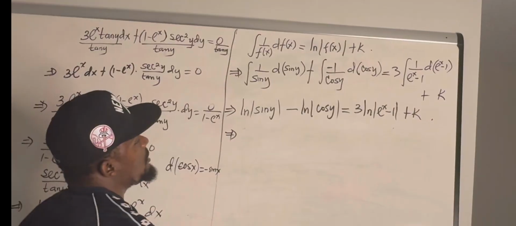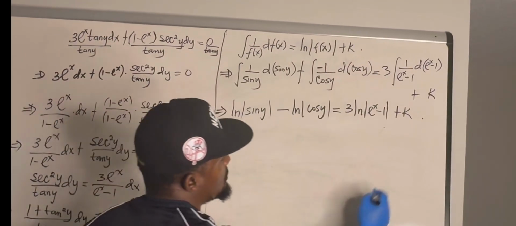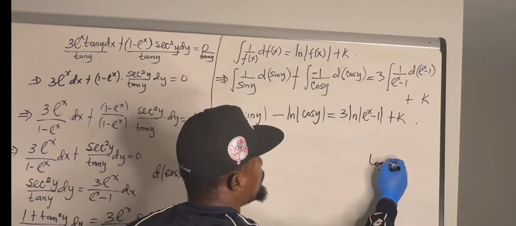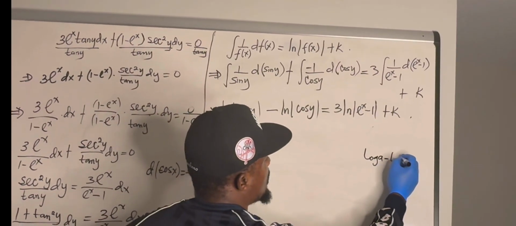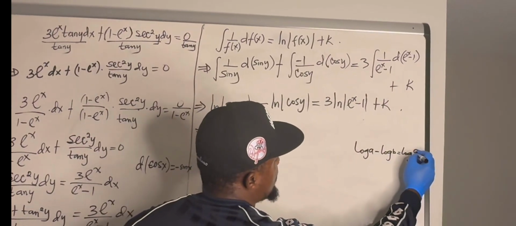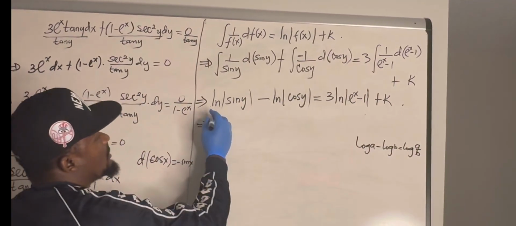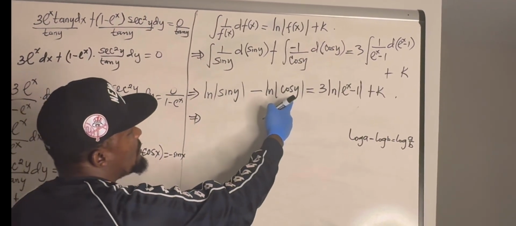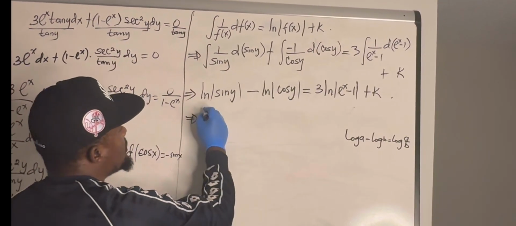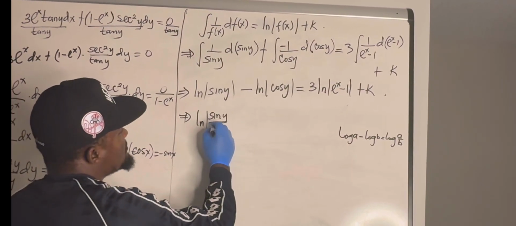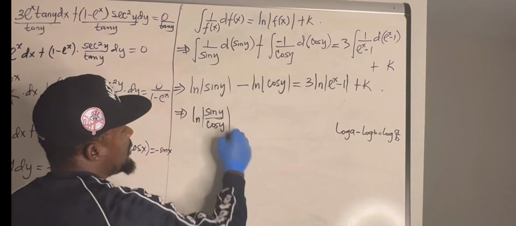We can apply the laws of logarithm that says the logarithm of a minus the logarithm of b equal to the logarithm of a divided by b. So the natural log of sine y minus the natural log of cos y can be written as the natural log of sine y divided by cos y, according to that rule.